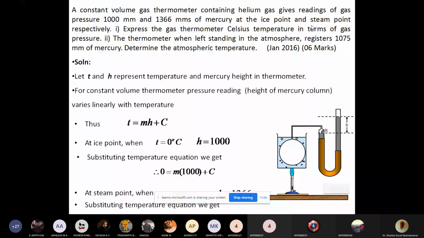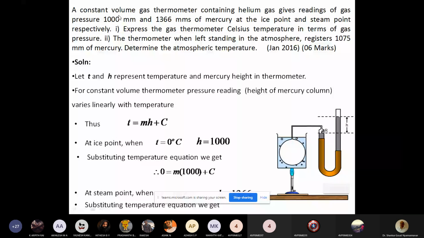So if I substitute this, what will I get there? That means when T = 0, H is equal to how much is given here.